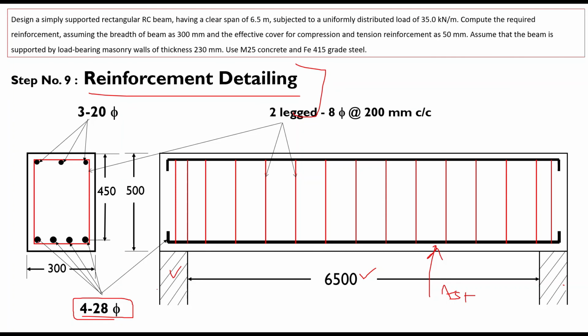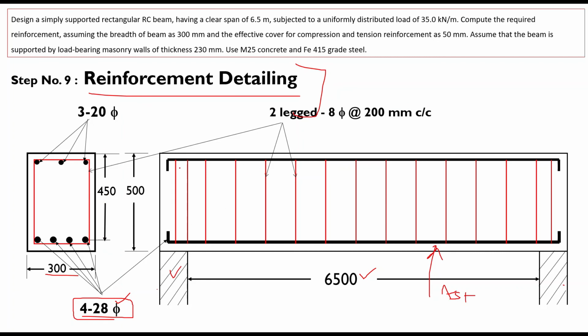These are the main steel bars in the tension zone. 300 mm is the width of the section. 500 mm is the overall depth of the section. 450 mm will be the effective depth, because this 50 effective cover is already given, as well as cover to the compression steel is also given.